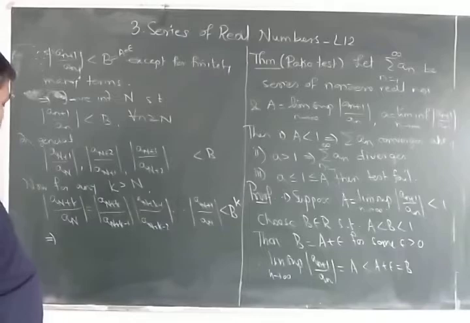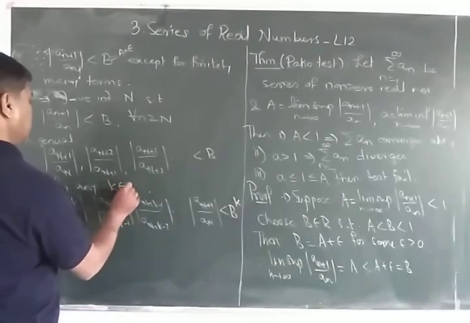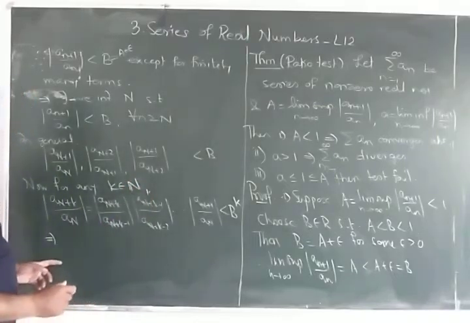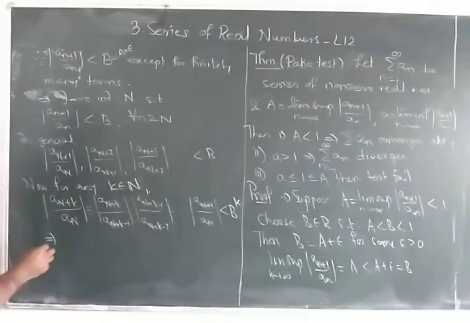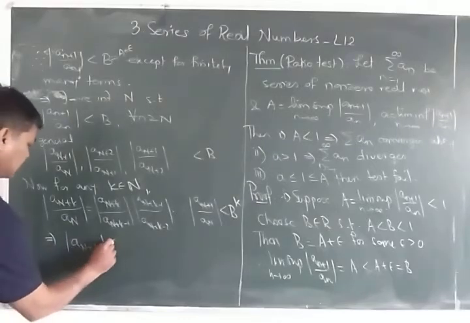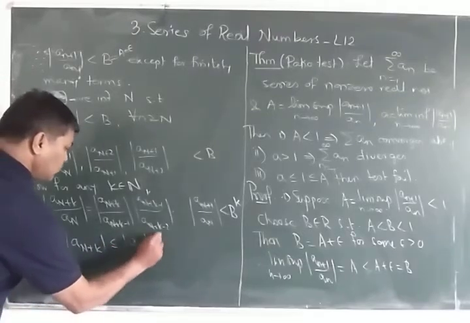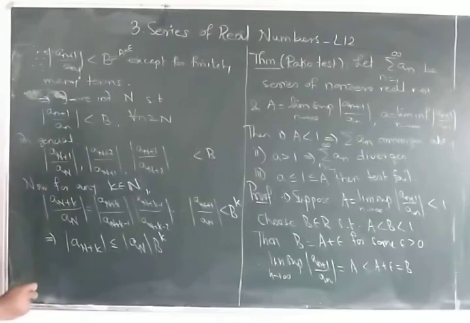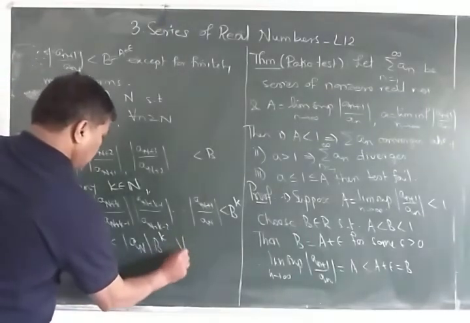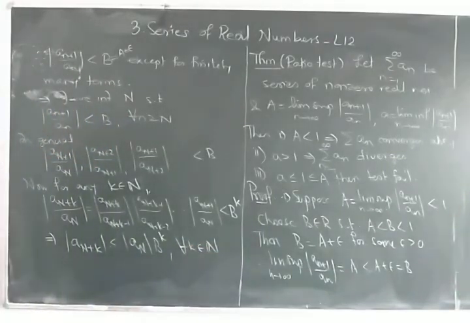For any k belonging to the set of natural numbers we are getting this. And therefore mod of a_(N+k) is less than or equal to mod a_N into B raised to k, for every k belonging to the set of natural numbers.